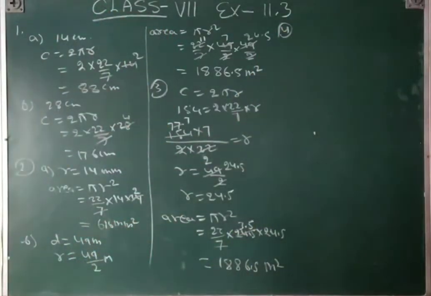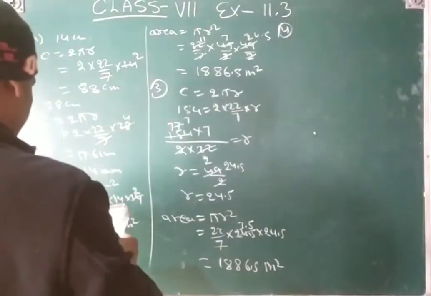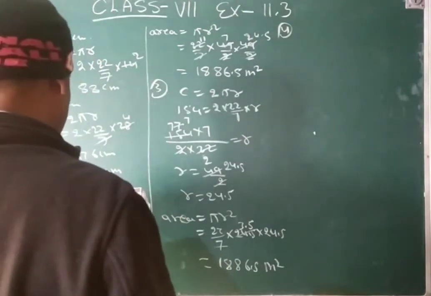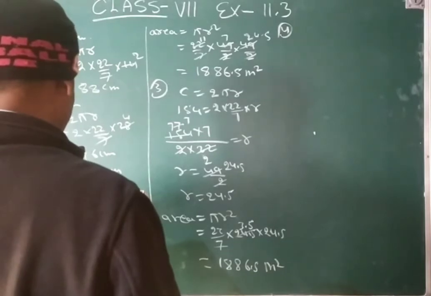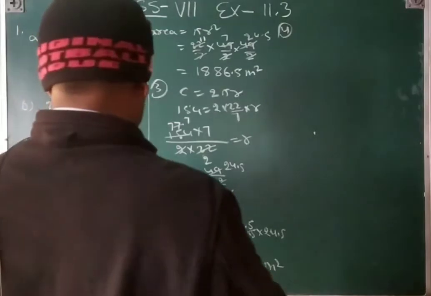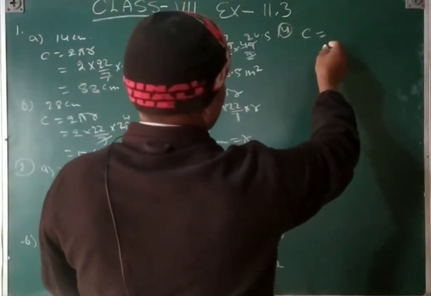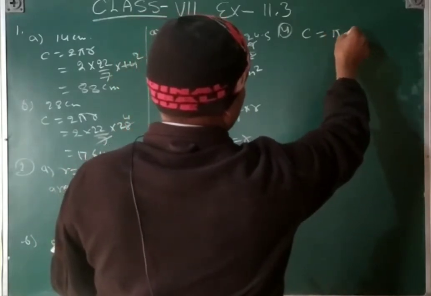Fourth question. A gardener wants to fence a circular garden, the diameter is given. Find the length of the rope needed to purchase if he makes 2 rounds of fence. So the diameter is given here. Fencing means circumference, the boundary of that. So that is pi d. D is given.